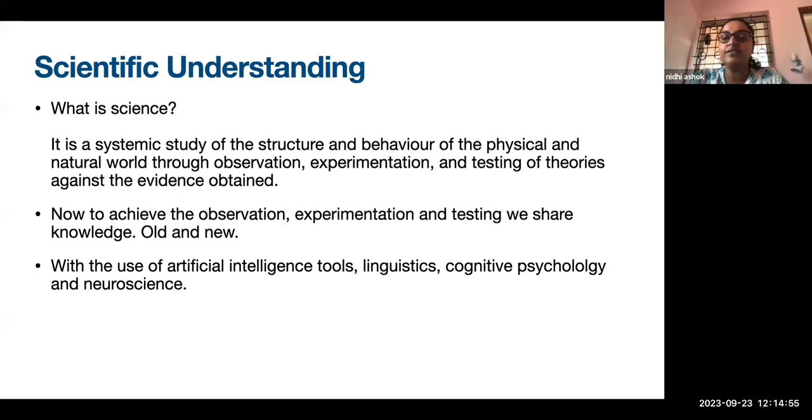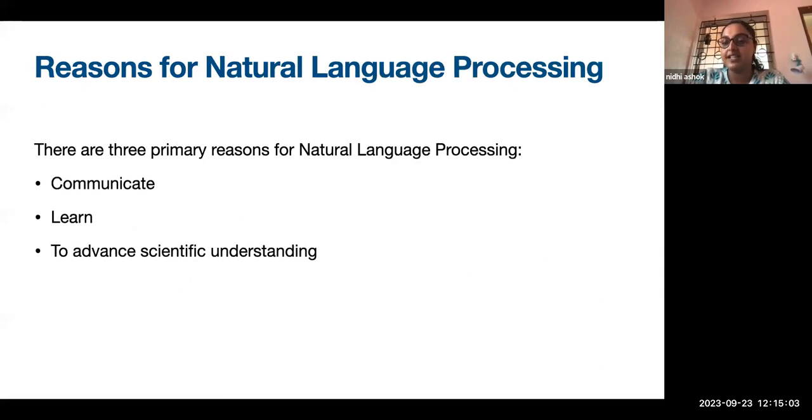So for that reason, we need natural language processing so that your computer reduces your work. So at the end of the day, the reasons why natural language processing is important are to communicate, to learn, and to have advanced scientific understanding.